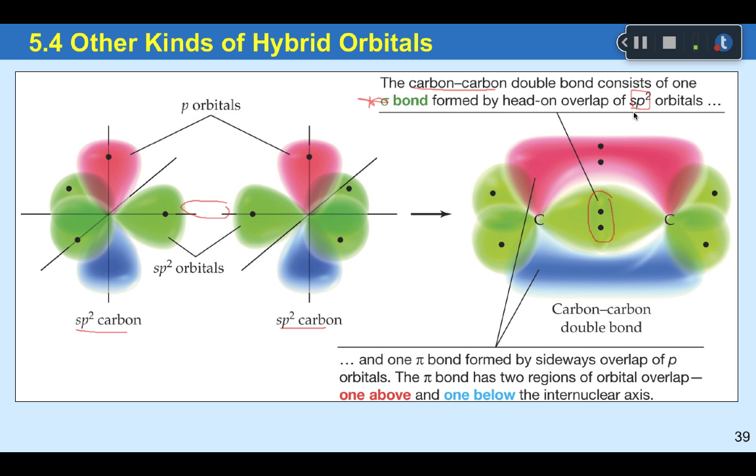these sp2 orbitals. But remember, there were also some p orbitals left over on each atom that weren't used, and this gives an opportunity for a second bond to form. So that would be the pi bond. A pi bond is formed by sideways overlap of p orbitals above and below the internuclear axis, the axis where the sigma bond occurs. So the pi bond has two regions where the orbitals overlap, recalling from the original diagram on the left that there's an upper lobe and a lower lobe.